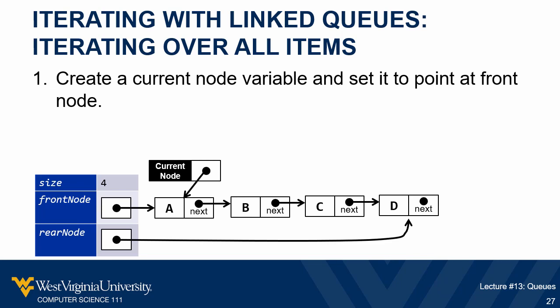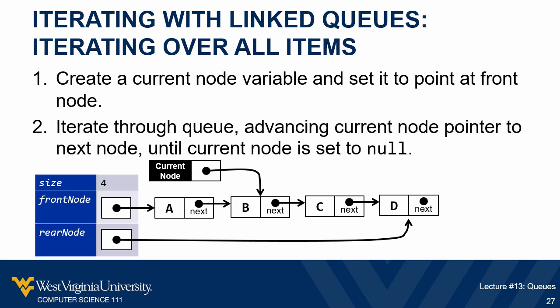We'll create a current node variable that's going to point at the front node, and then we're just going to go through and keep on iterating until current node becomes null, and at that point we'll stop looping, and then we can go ahead and wrap things up, which in the case of our toArray method is going to be actually returning the array.